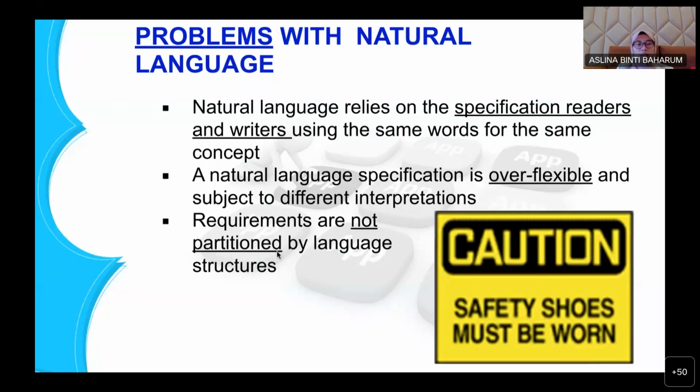Requirements are not partitioned by language structure, because it can be in one particular requirement without dividing which one is the main and which one is the second level. If you are using DFD, I'm not sure whether you have learned it or not, using a DFD we have level 0, level 1.